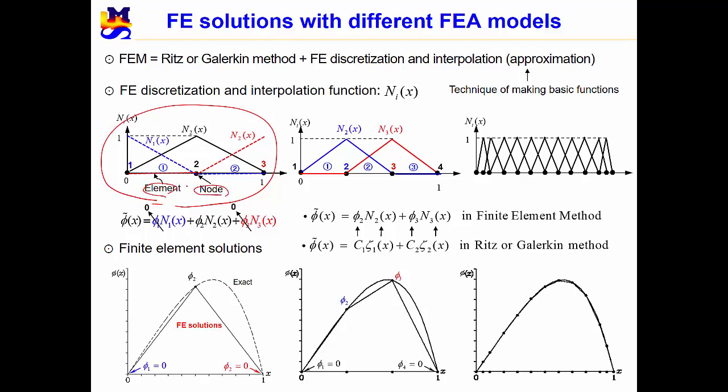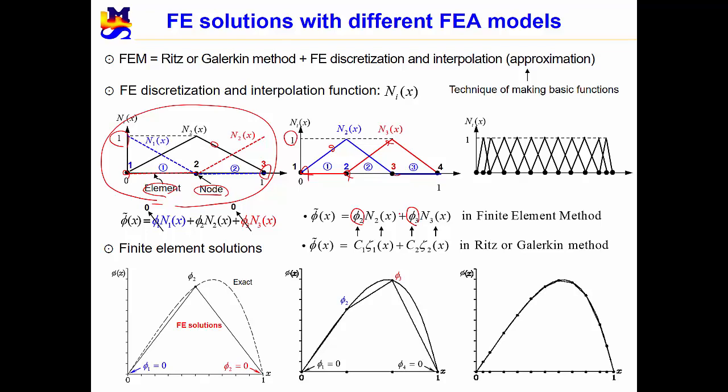At each node, we define only one piecewise linear interpolation function which has unit function value at the node and zeros at the other nodes. In this case, the unknown constants mean the nodal values of the unknown function. Thus, we became set free from the problem of preparing trial functions satisfying the essential boundary conditions.